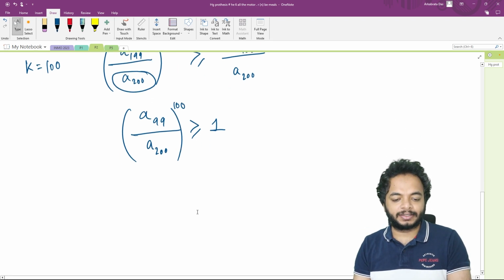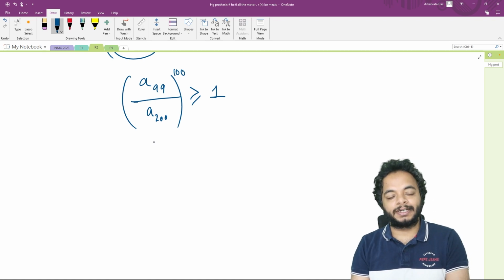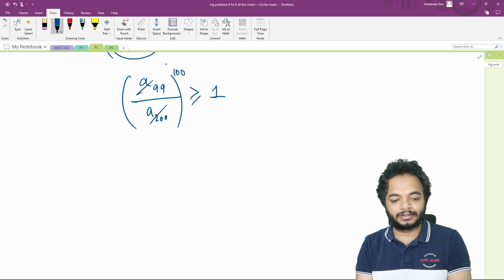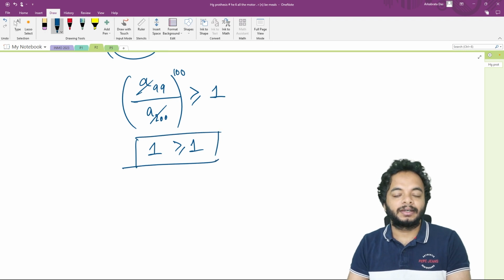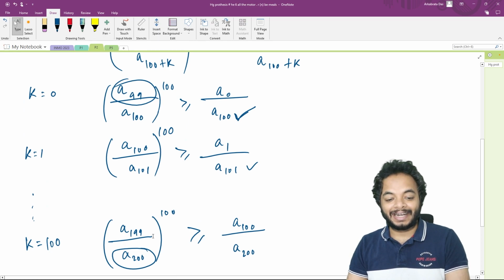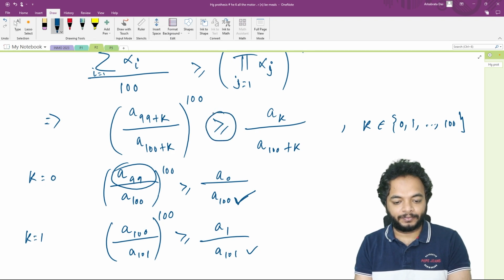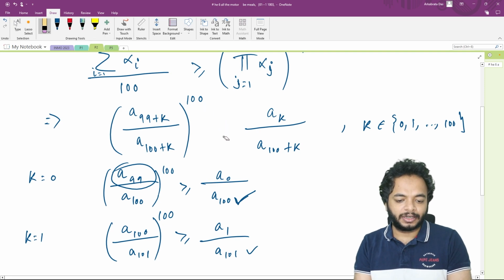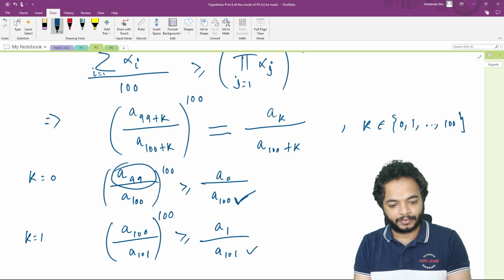But under modulo 101, A200 is nothing but A99. So again these two cancel out and we get 1 is greater than equals to 1. So now we see that the equality is holding. That implies that we would be having equality for all k. So let's replace this inequality now by equality.